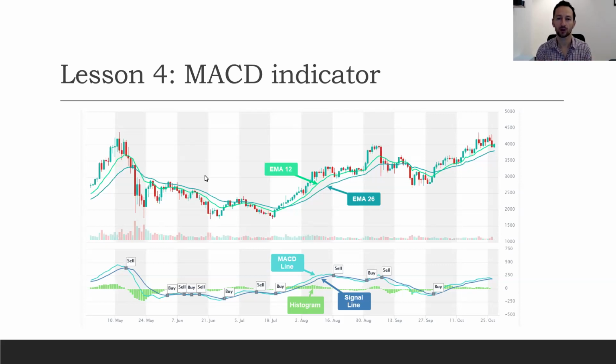But if you're working with an hourly time interval, then EMA 12 means moving average over 12 hours. EMA in general is a modification of a moving average in that it puts greater weight on the recent price changes and therefore is more sensitive to recent price changes than a simple moving average.